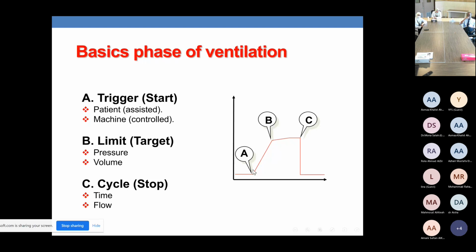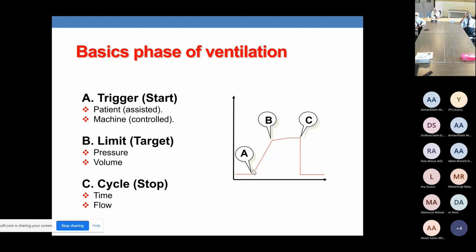What we are using in the NICU, as you all know, is always pressure control modes in the neonatal patients, and we are using a flow trigger. Now somebody will ask me, why flow, not pressure? Because those tiny preterm babies don't have that much high negative pressure that the ventilator can read, so we use the flow sensor because we can read very minimal flows as initiation from the baby to trigger the breath.